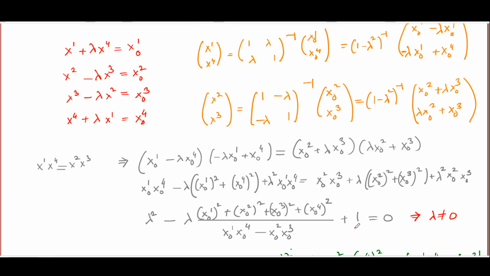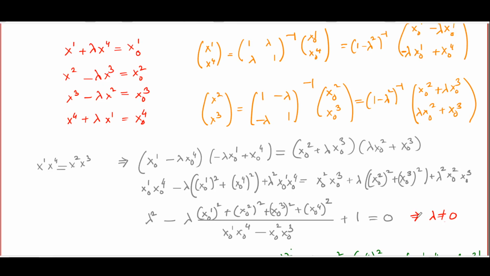The very important point that I want you to check here is that this number 1 here ensures that a root for this cannot be lambda equal to 0. In other words, this set of equations will not end up being a trivial set of equations where x1, x10, x2, x20, etc. come out to be equal to each other.